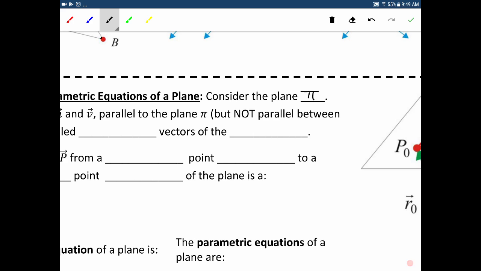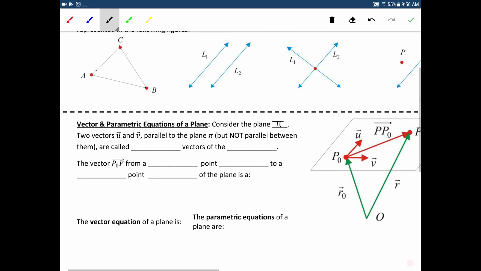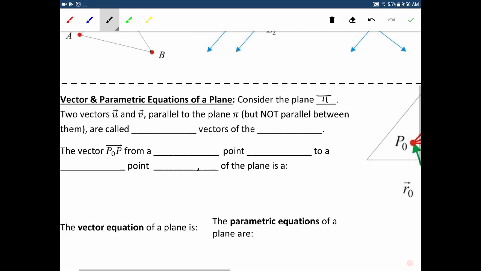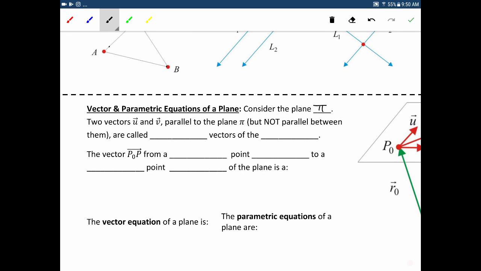Some books will actually use a p or a lowercase pi. I just do a sloppy pi so you could decide it's lowercase or uppercase, but whatever. Anyway, 2 vectors, u and v, are parallel to the plane, but not to each other. So u and v are not parallel themselves.